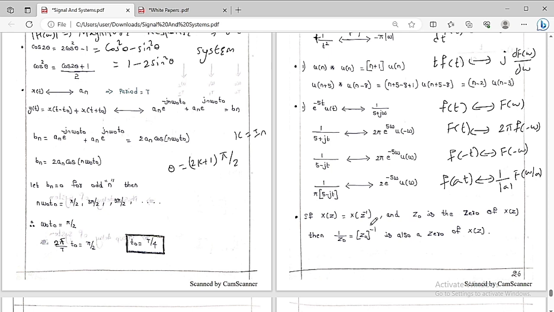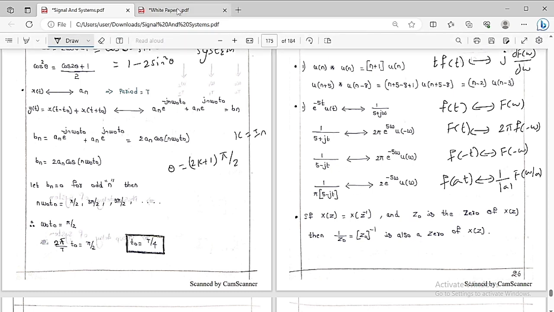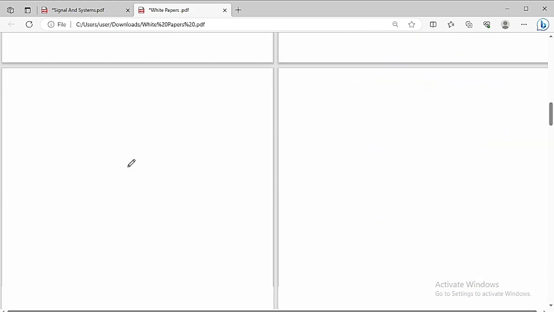Because I have already told you this concept so many times, but still you have to remember all these things. So let me give you some idea. What is the meaning of this one? Suppose it is given in the question that x of z is equal to x of z to the power of minus 1, and z naught is the zero of the function. So z naught is the zero of the x of z, so x of z naught is equal to 0.